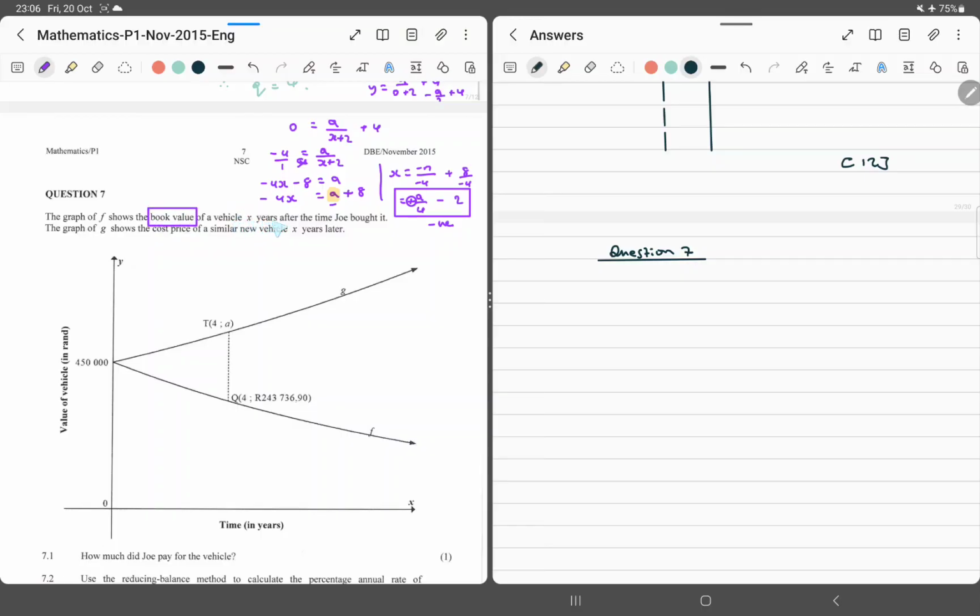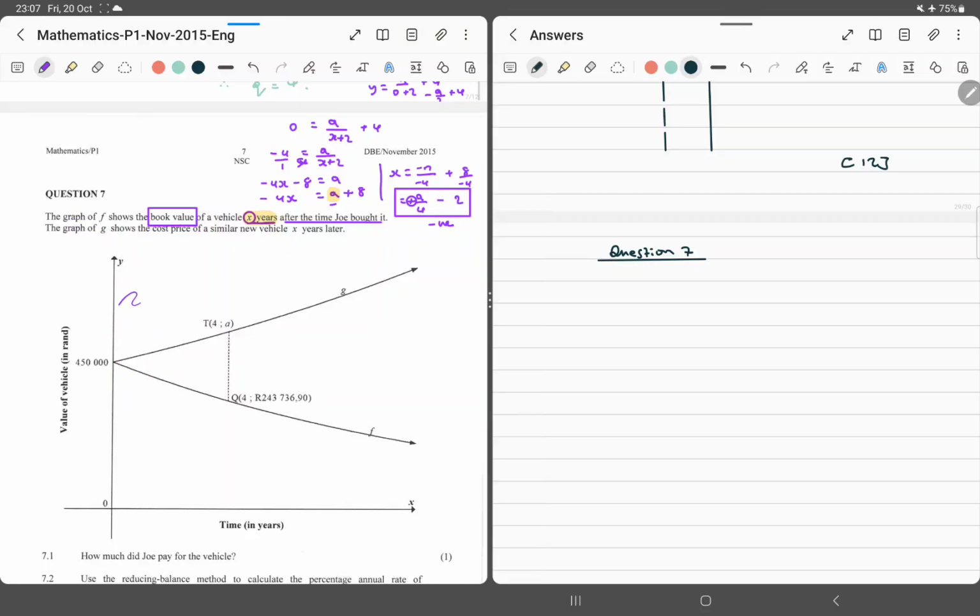The book value of a vehicle X years after the time Joey bought it. So that X goes with the years, ne? It's X years. All right, great.